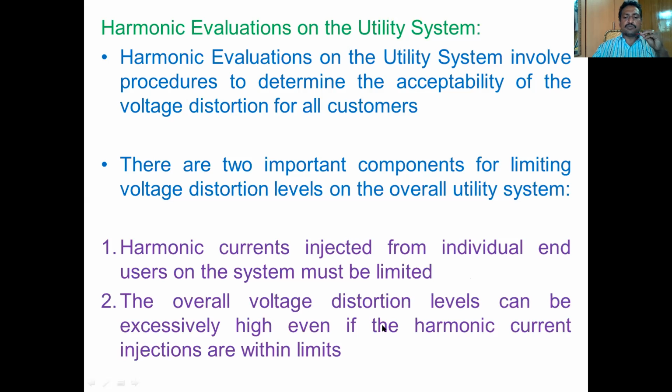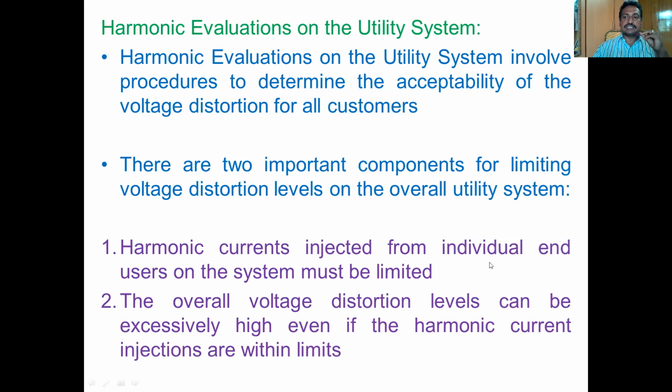The second is that overall voltage distortion levels can be excessively high even if the harmonic current injections are within limits. Voltage distortions may be due to some other causes also. Voltage distortion levels may be very high even if harmonic current injections are within limits.